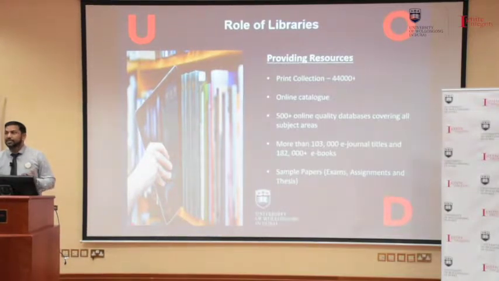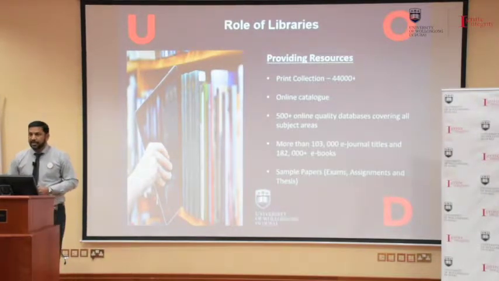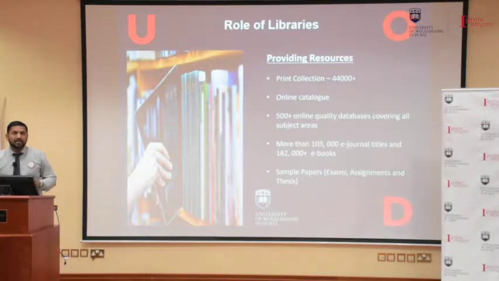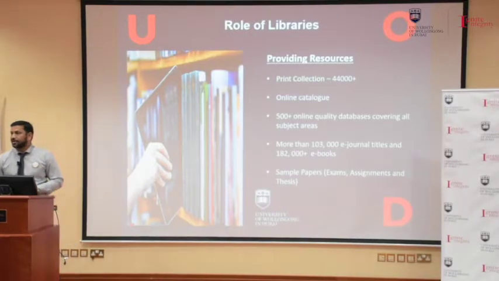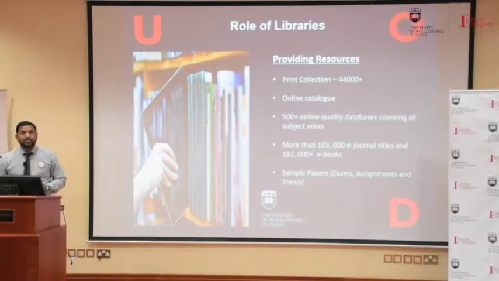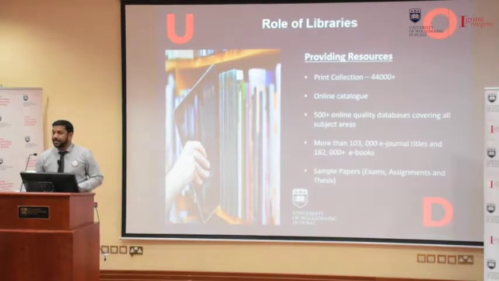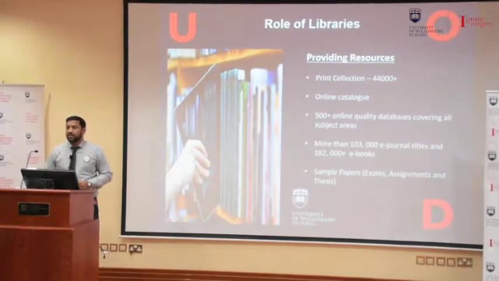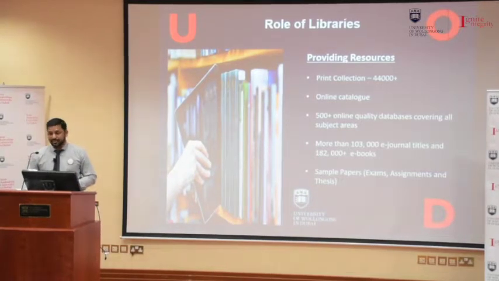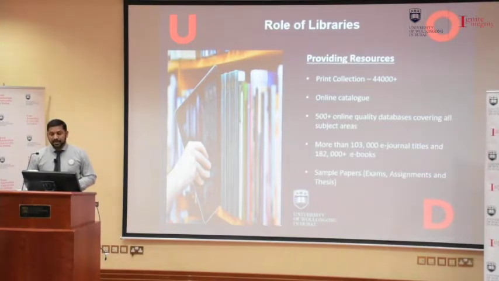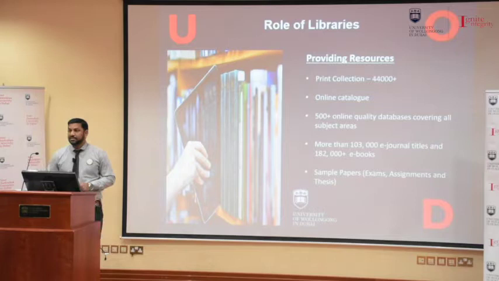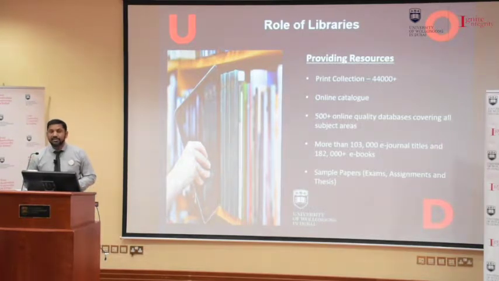We provide 44,000 print materials, which are books, journals, and magazines, and also an online catalog and more than 500 databases we subscribe to. For your assignment, you can make use of these databases, and also we have more than 100,000 e-journals and 180,000 e-books.